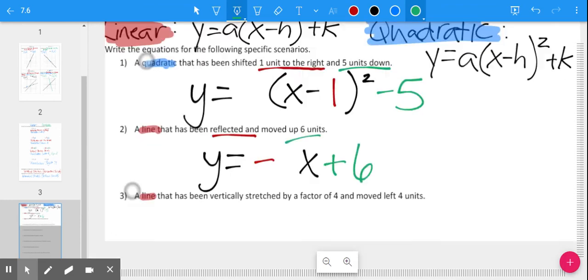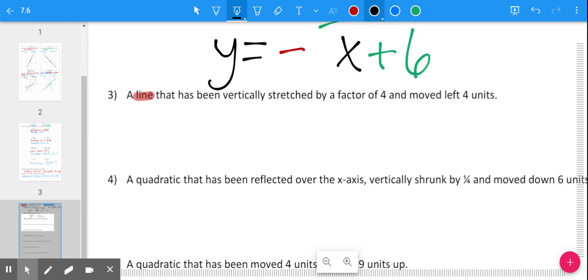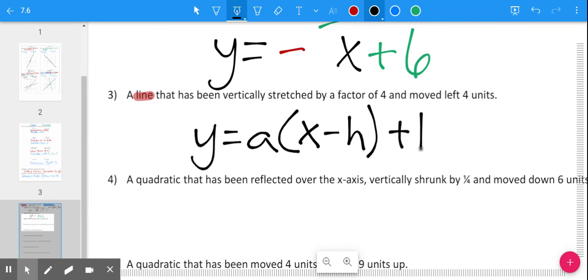All right, we're going to do 2 more together, and then I'm going to let you guys work on the rest. So the next one says a line. So we have y equals a(x minus h) plus k. No exponent because it's linear. Has been vertically stretched by a scale factor of 4. So that means the a value is 4, and it's been moved left 4 units.